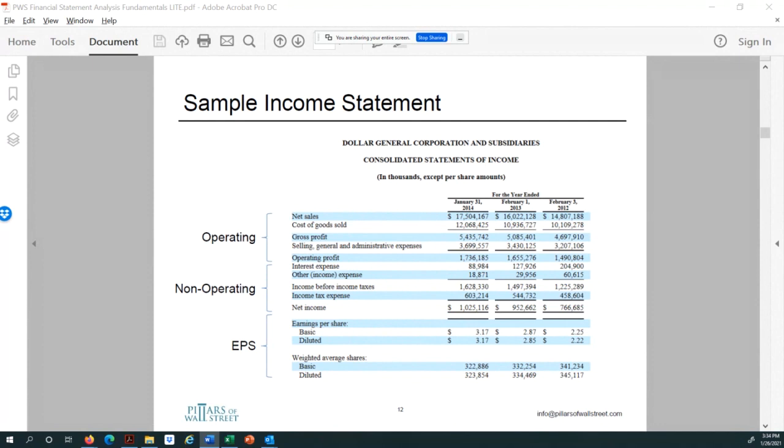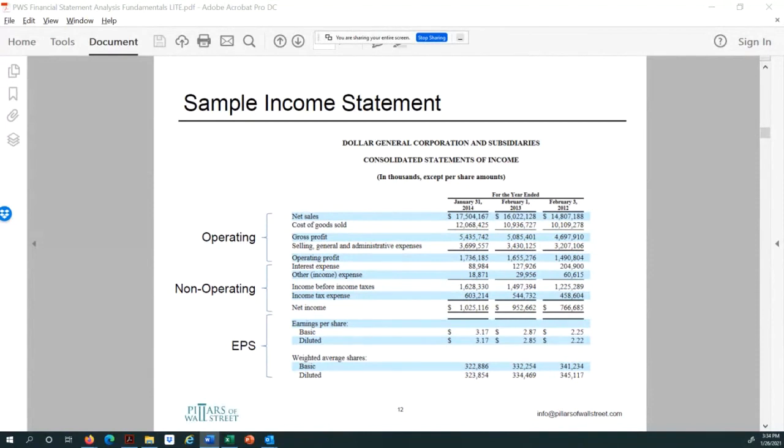EPS is a common shareholders profitability metric. So preferred is higher up. Warren Buffett is actually the most famous preferred stock investor, and he gets his preferred dividend ahead of you and I getting our common dividends. So when we talk about earnings per share at the bottom, EPS, we're only talking about common shareholders.